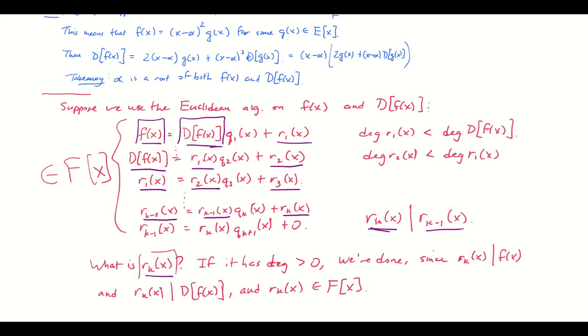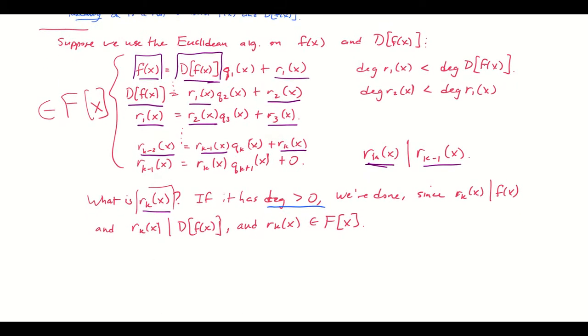All right, so that's great. We're done, right? Oh, well, wait a minute. We only addressed one case. If the remainder has degree greater than 0. What if we get a remainder, the last non-zero remainder, and it has degree equal to 0? Then we're in trouble, right? So what if rk of x has degree 0?